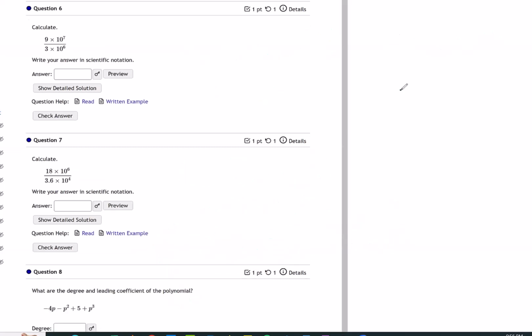We only have 2 more left. We have 9 times 10 to the 7th divided by 3 times 10 to the 6th. I can say that's the same as 9 divided by 3 times 10 to the 7th divided by 10 to the 6th. 9 divided by 3 is 3.